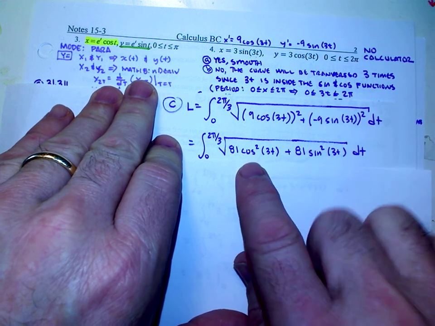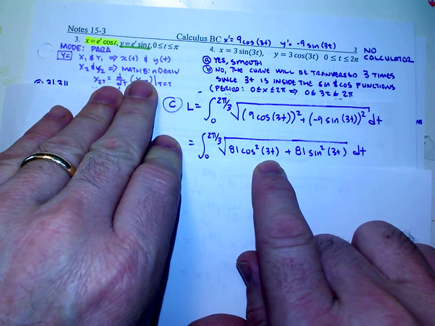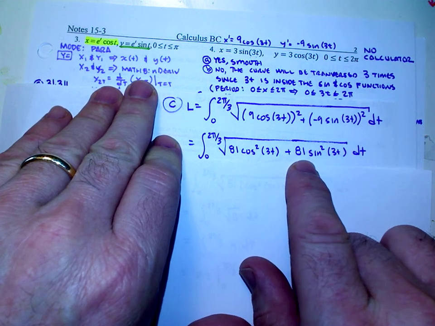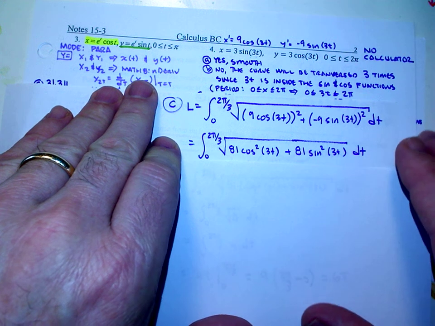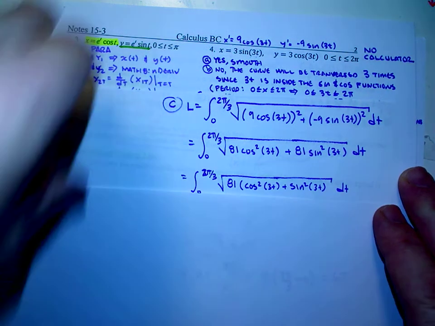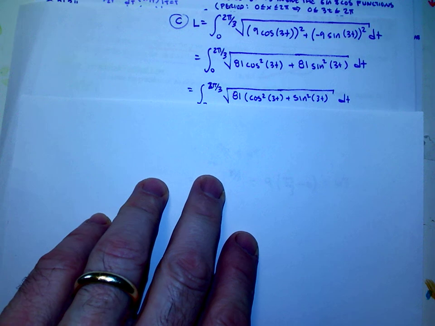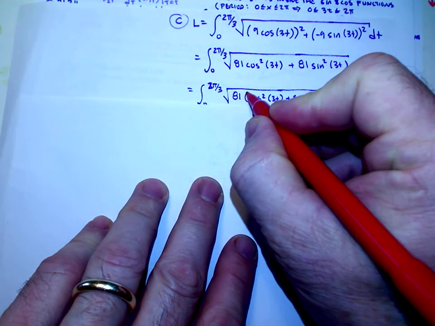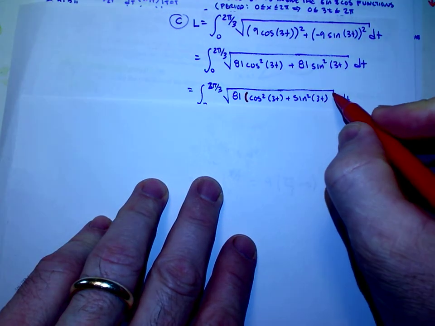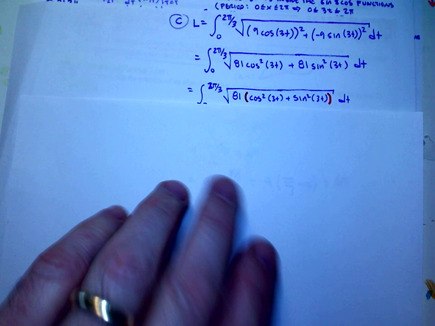I just square those, get 81 cosine squared of 3t plus 81 sine squared of 3t. Factor out the 81, and inside of our parentheses, we'll have cosine squared of 3t plus sine squared of 3t.